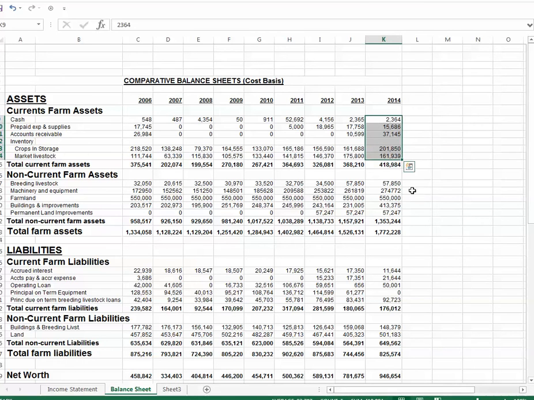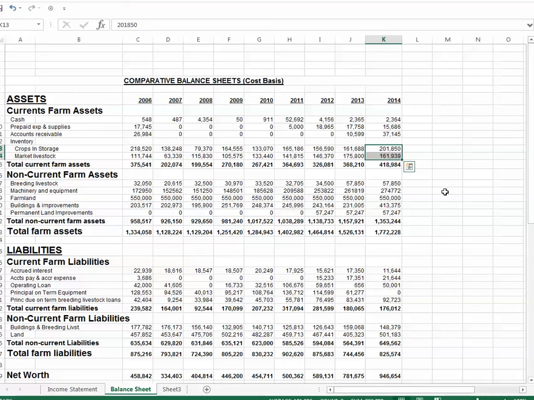Notice that their current ratios include large amounts of crops in storage and market livestock. So crops in storage, that'd be like corn and soybeans at the elevator, in your name, but not sold. Market livestock is like steers and heifers that are going to be sold, but they're still actually on the farm or ranch. In either one of those categories, you had to report quantity and an estimated price.